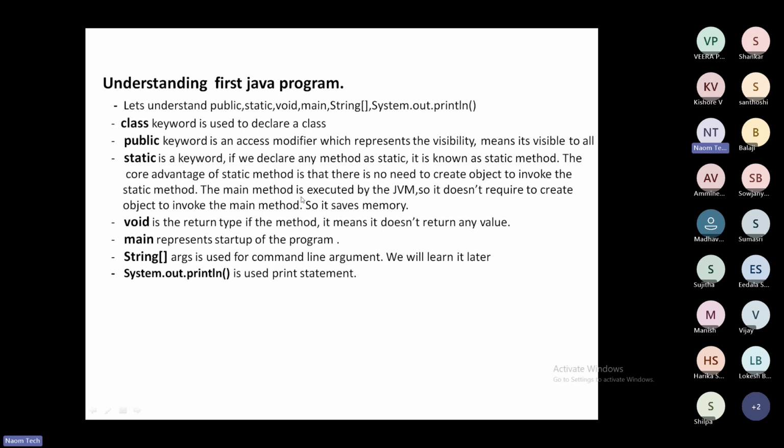The main method is executed by the JVM, so it doesn't require creating an object to invoke the main method. That's what we had discussed, right? Static methods are methods which don't need any object to invoke them. Another advantage of not creating objects is that it saves memory.